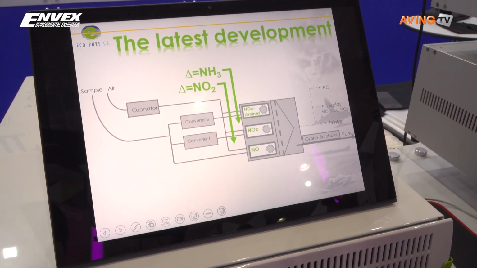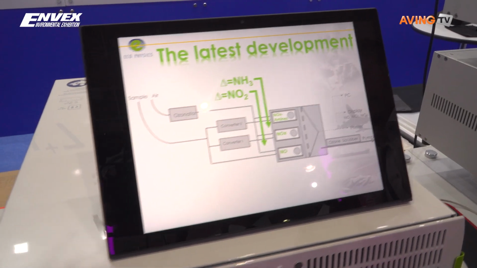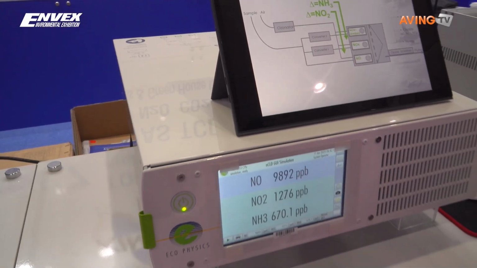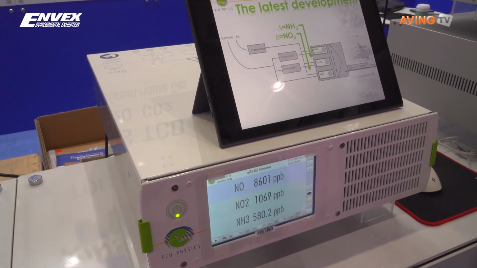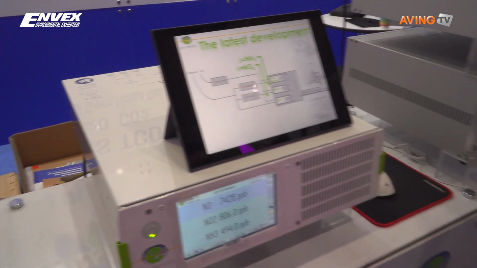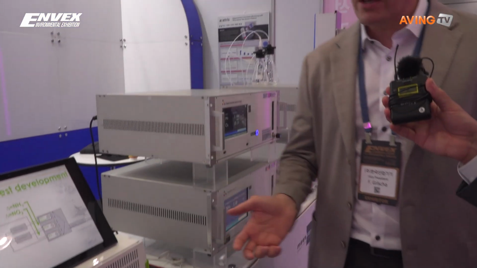Those are the 3 values that you see down here. That is at the moment a standalone product. There is nothing in the market at the moment like this. This analyzer gives you the capability of performing as 3 analyzers in one case. Technologically, you always needed independent analyzers to have either NO2 or NH3. This one can do NO, NO2, NH3 at the same time.